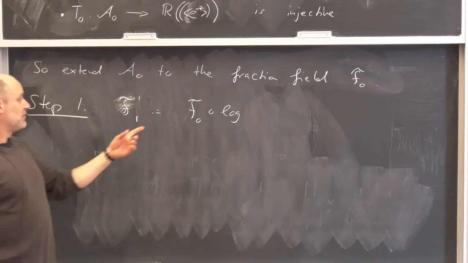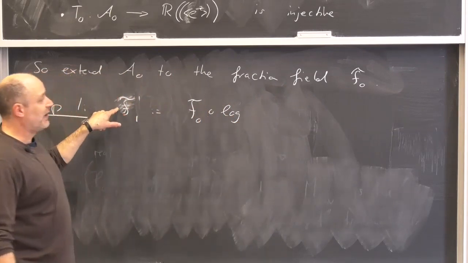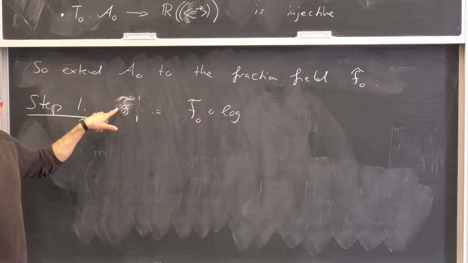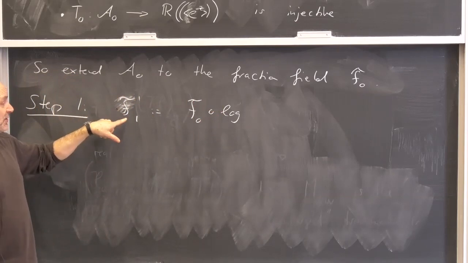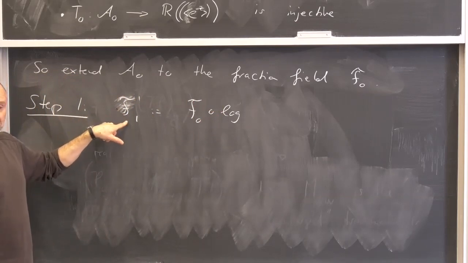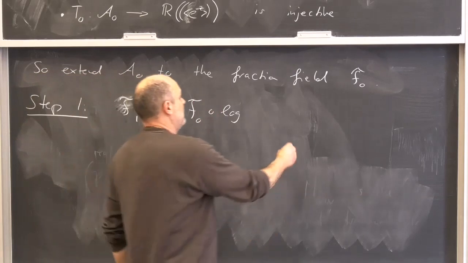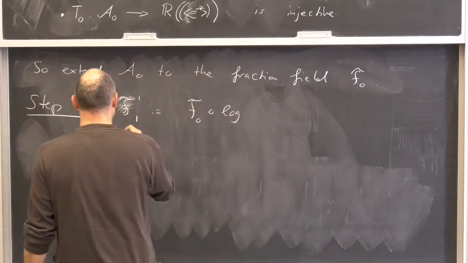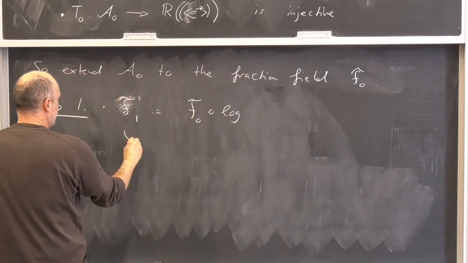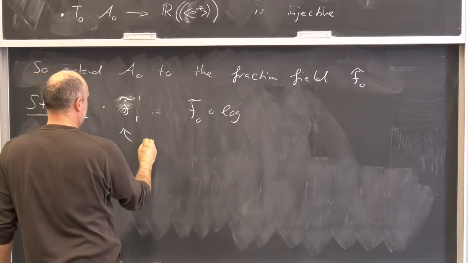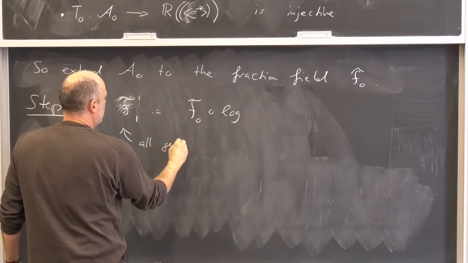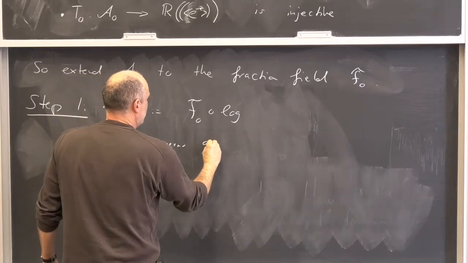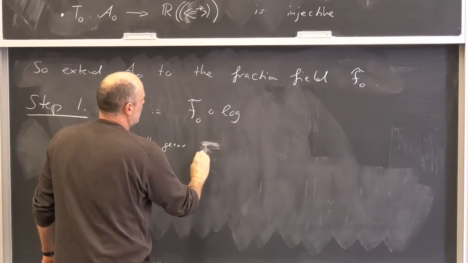Okay. So now everything here has an asymptotic expansion in terms of powers of x, which means the germs in here grow polynomially. All germs are polynomially bounded.